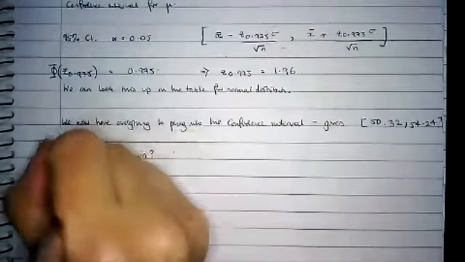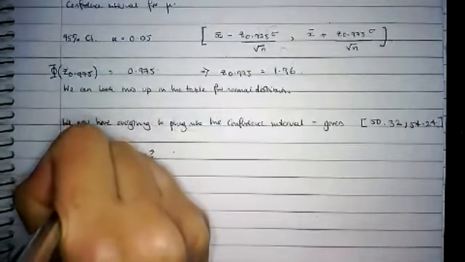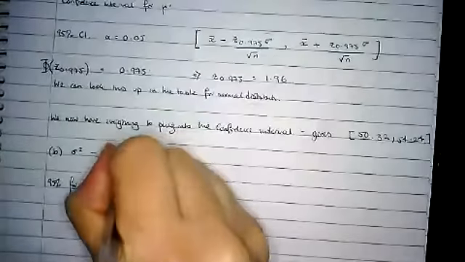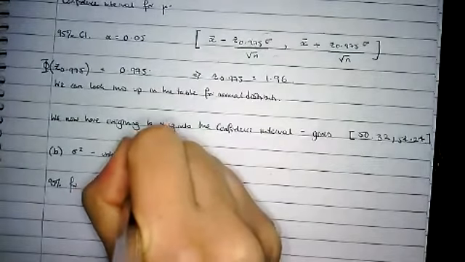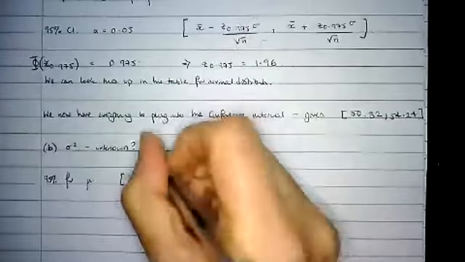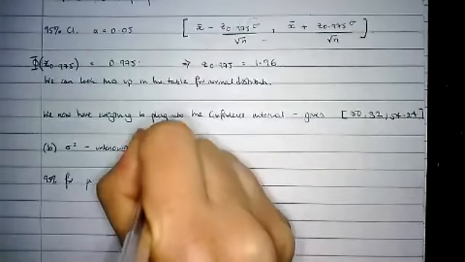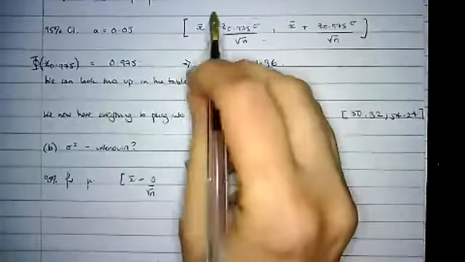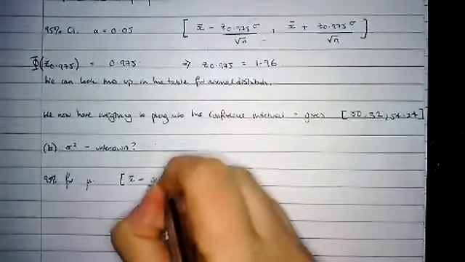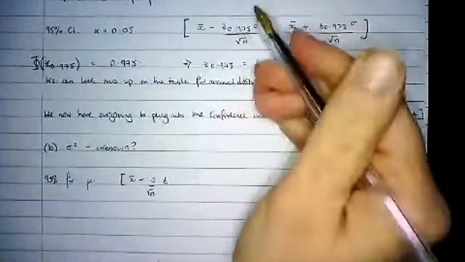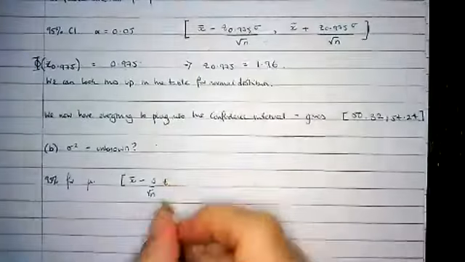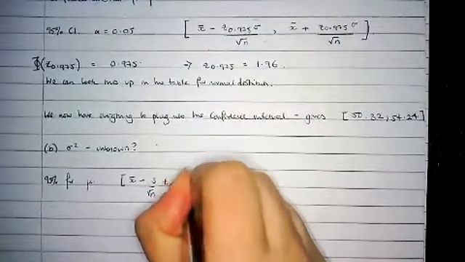So the formula for the 95% confidence interval for mu is very similar to the one for mu here, but I need to change some things. As I said before, we need to change the sigma to an S, but we also need to change from a Z here to a T, and the T notation we also switch from 0.975 to 0.025.